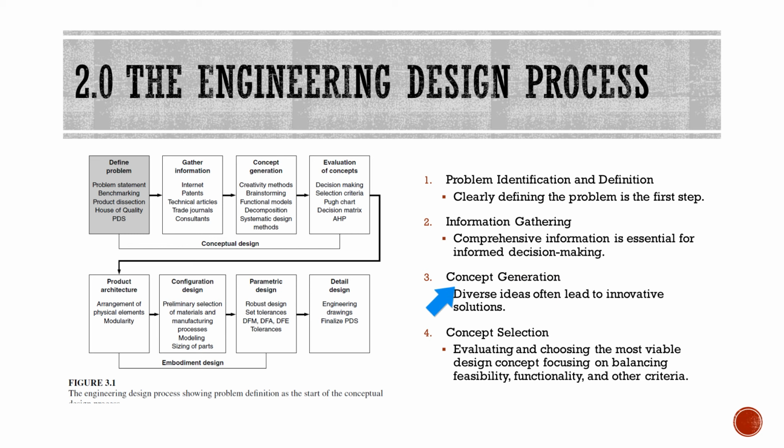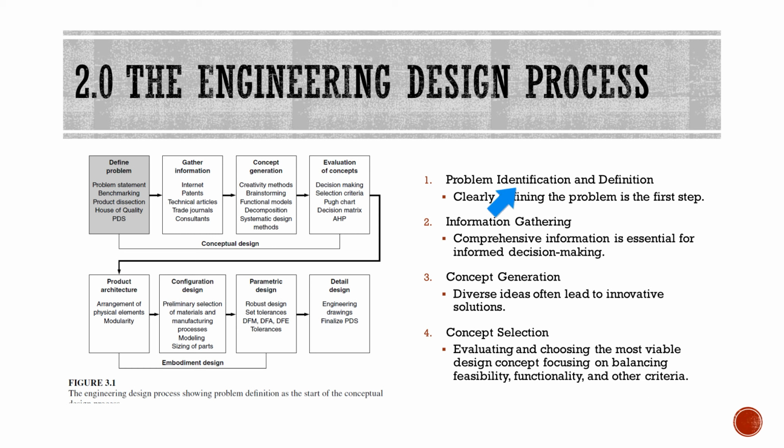Third, we go into concept generation, which is to diversify ideas to get a number of solutions. From that number of solutions we go into concept selection, where we choose the most optimal concept which can solve that problem, balancing feasibility, functionality, and other criteria.